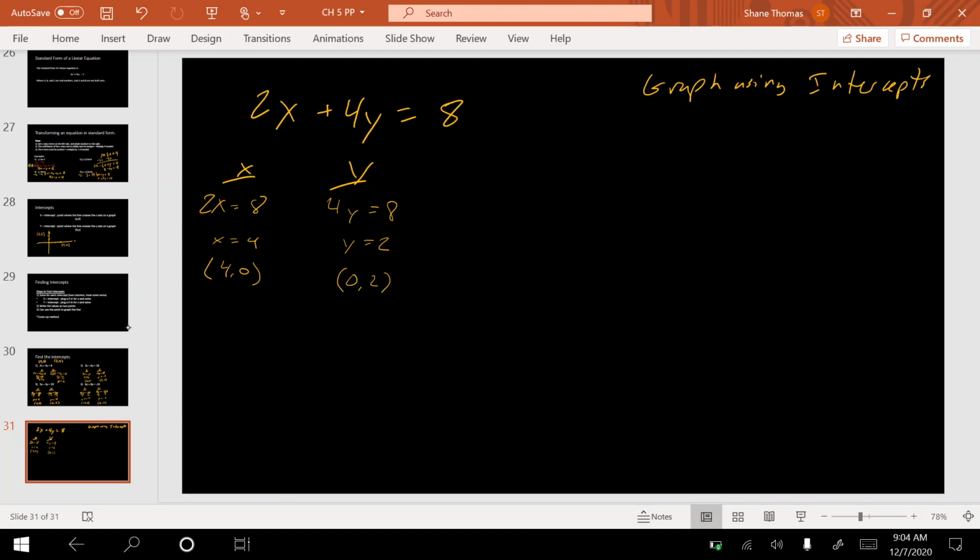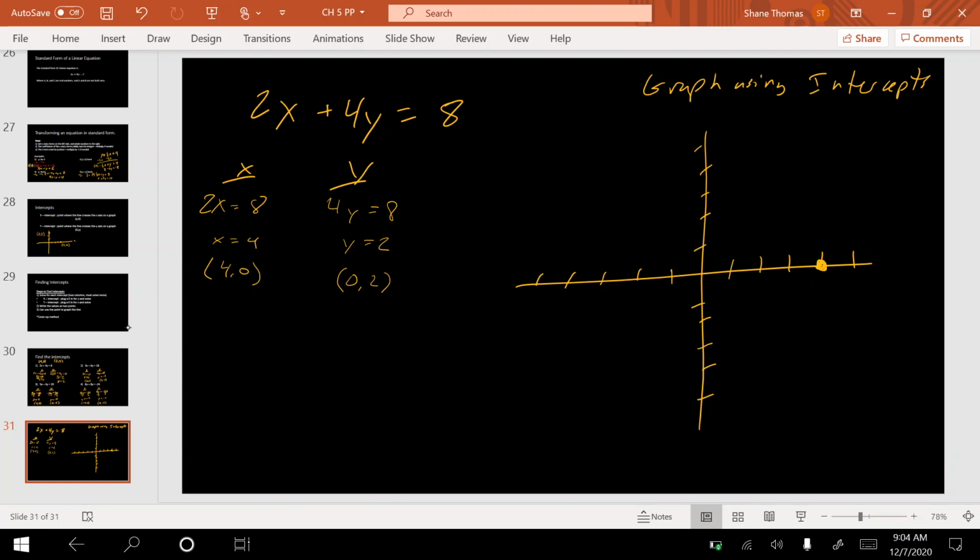All right, then if I want to graph it on there, just put those 2 points on. So 4, 0: 1, 2, 3, 4, 0. It's my x-intercept. It's on the x-axis.